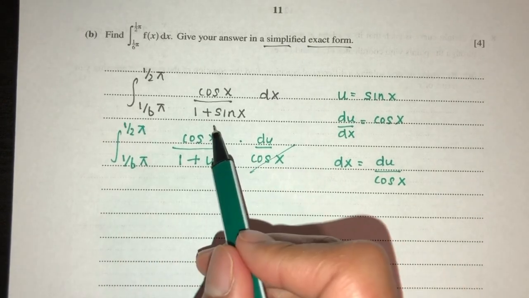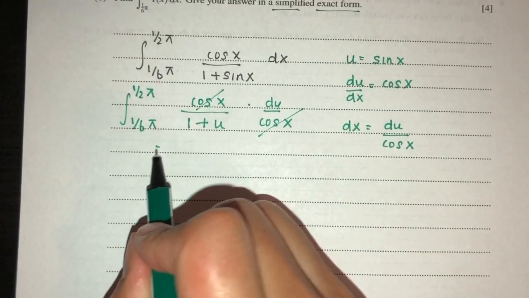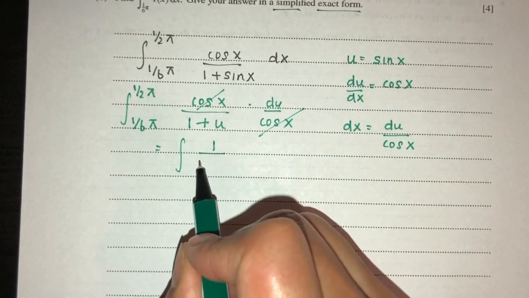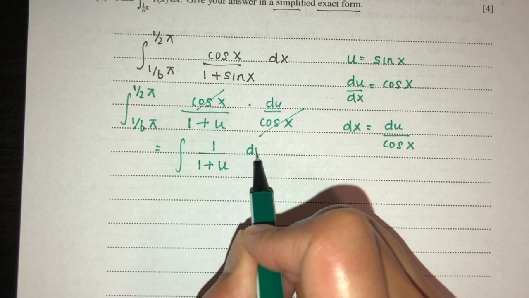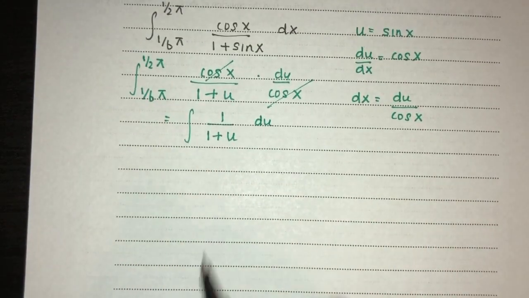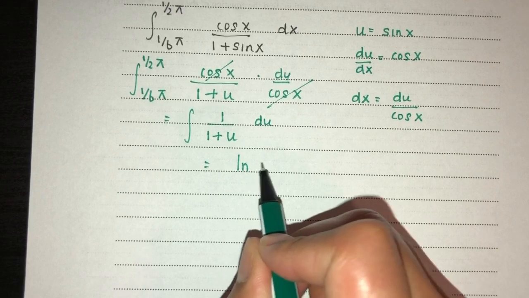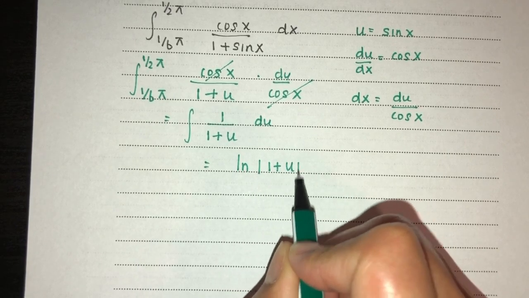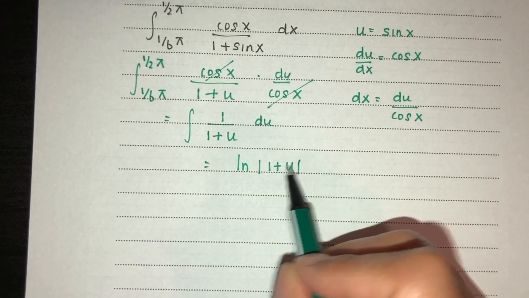We can cancel those two out, so you have to integrate 1 over 1 plus u du. Now this is pretty simple. It will equal ln of 1 plus u, right?